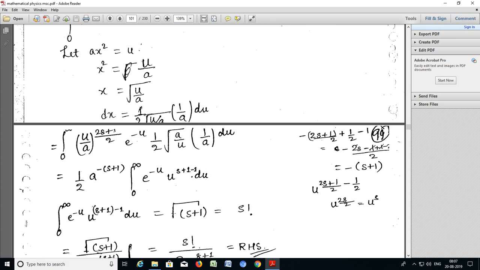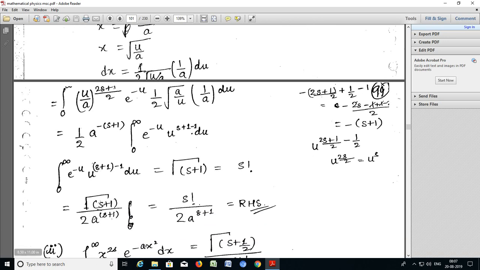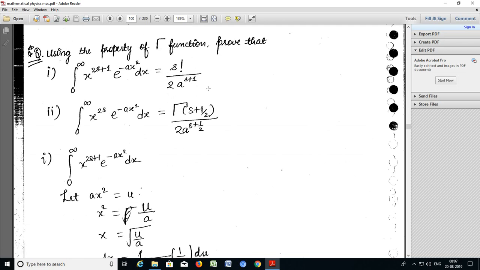Because we know that if we write this term, then this is equal to gamma s plus 1, and by definition, it is equal to s factorial. So gamma s plus 1 over 2a raised to the power s plus 1 from this integral, that is equal to s factorial over 2a power s plus 1, and that is equal to the right hand side of this equation.